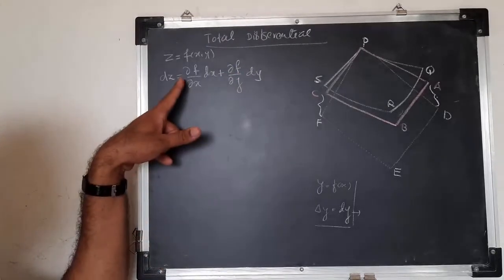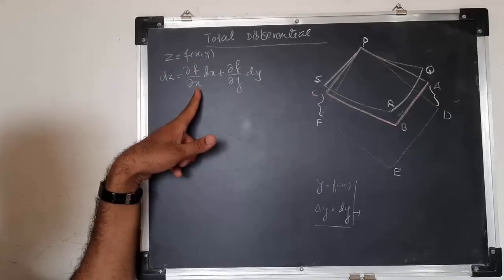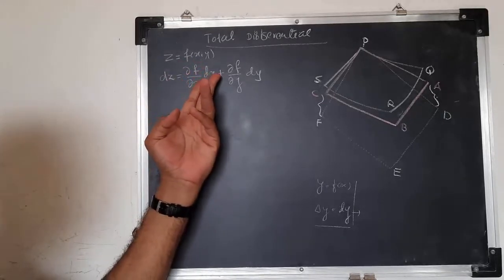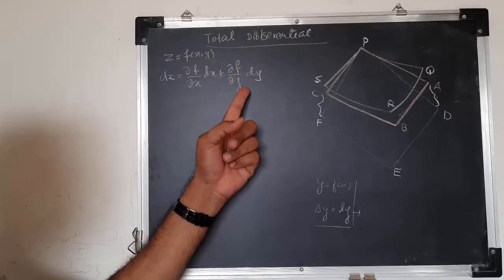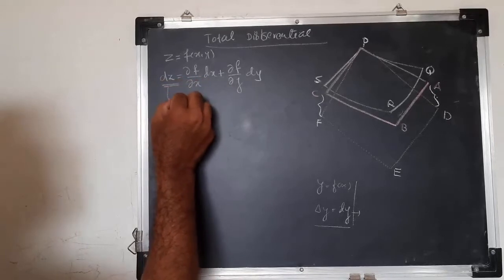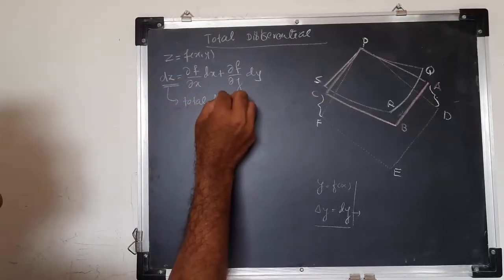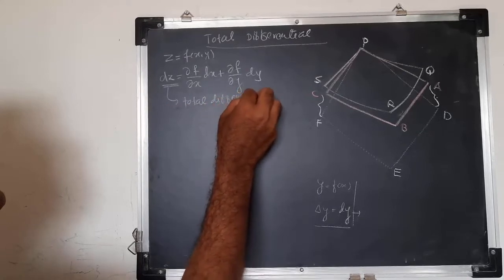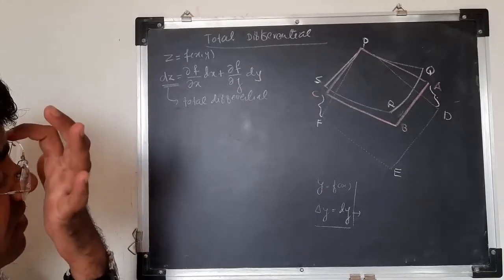Here this is the partial differentiation of this function with respect to x, and delta x we have changed to dx. Then the partial differentiation of f with respect to y, and dy. So this dz represents the total differential.